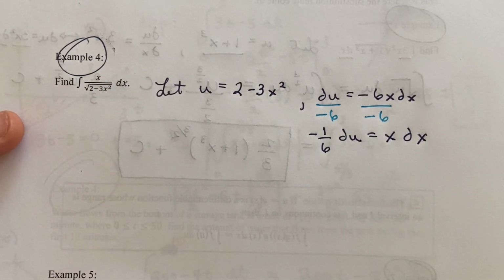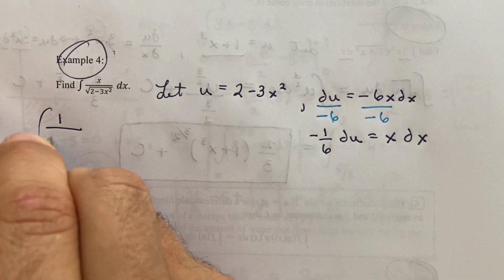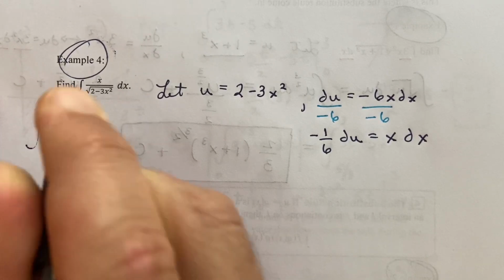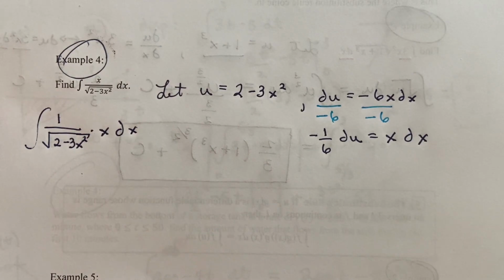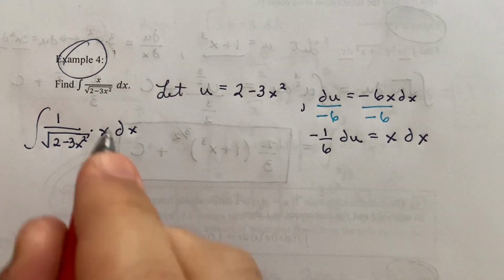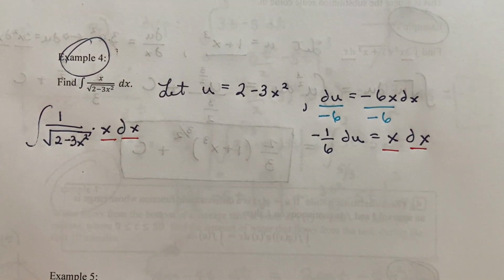Okay, just to rewrite our integral so you can see what I'm talking about more clearly, times x dx, right? This would be the same as our original integral. So here is the part that I'm substituting out, right? We're going to substitute that out, and we're going to replace it with -1/6 du.